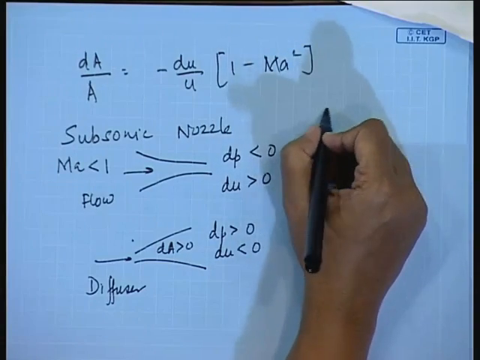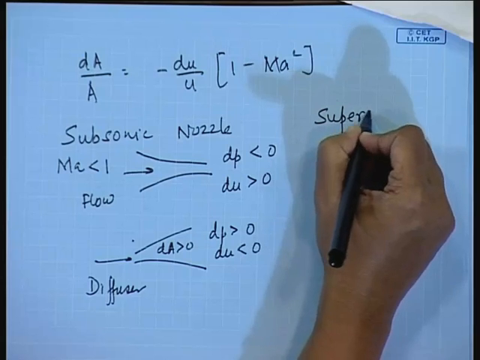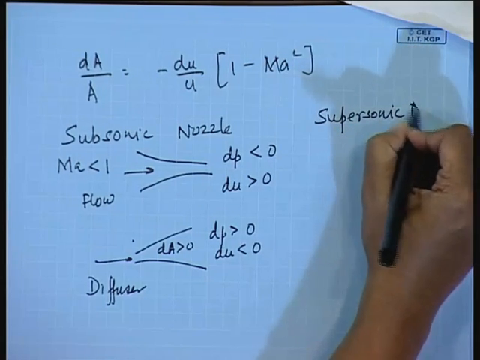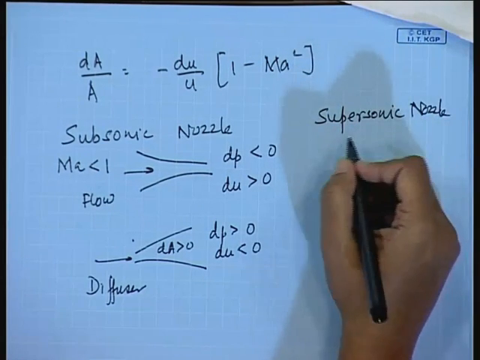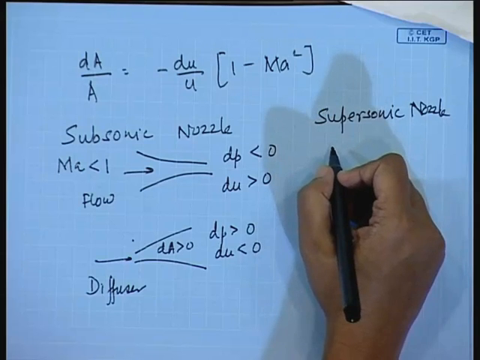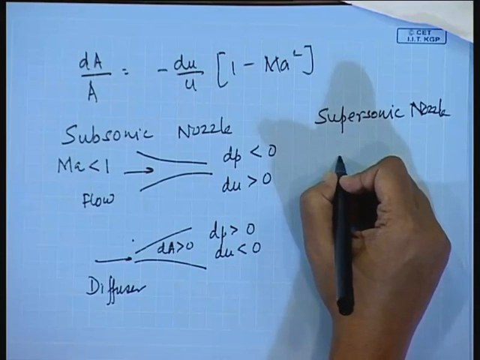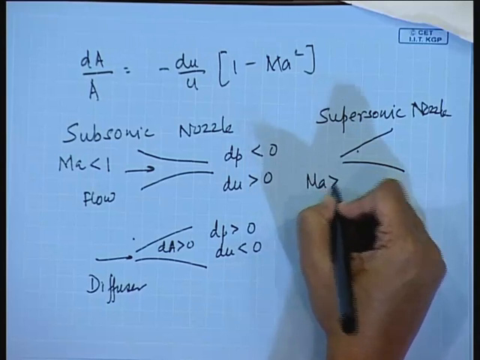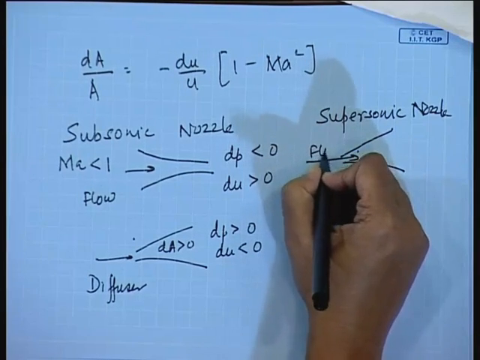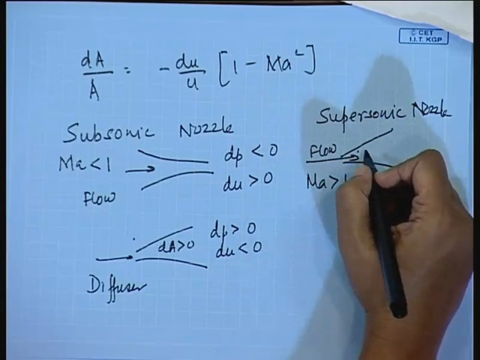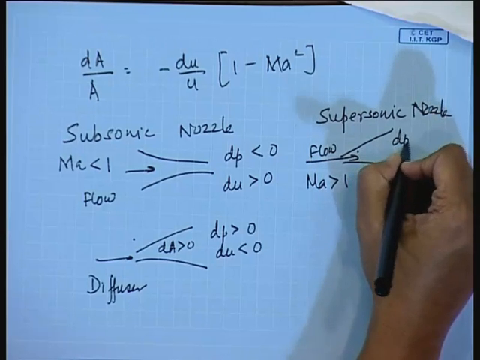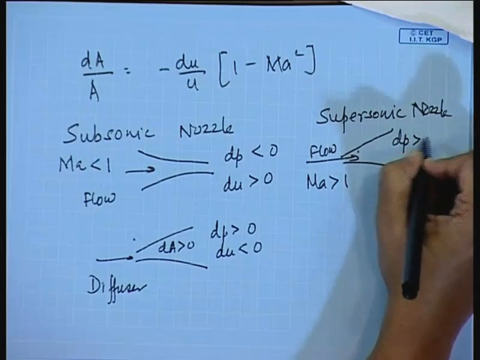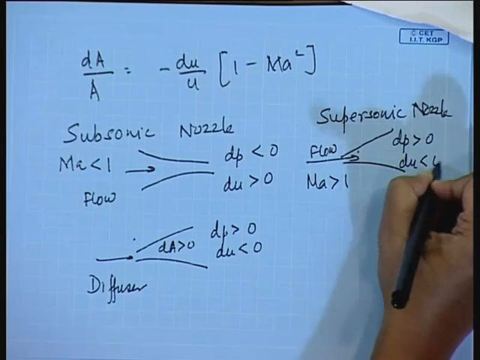Agreed? But we find that when we go for the supersonic nozzle, the nozzle will be something of this sort. Here Ma is greater than 1, flow occurs in this particular direction, and for this case dP is greater than 0, du is less than 0.